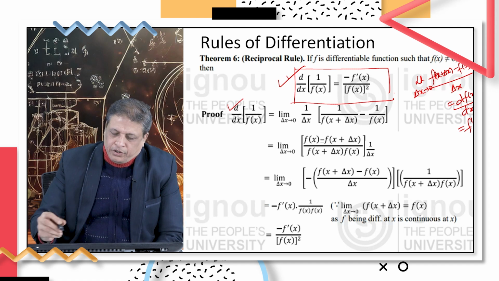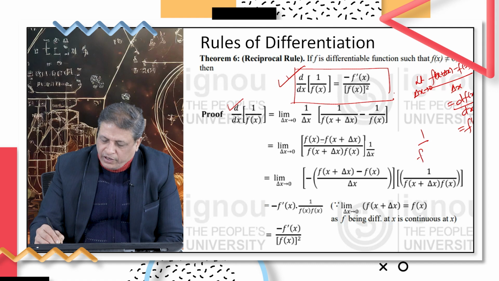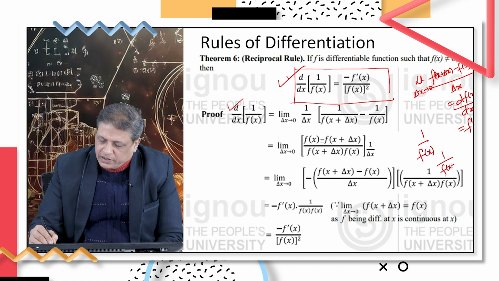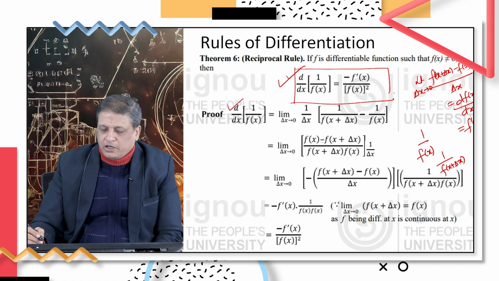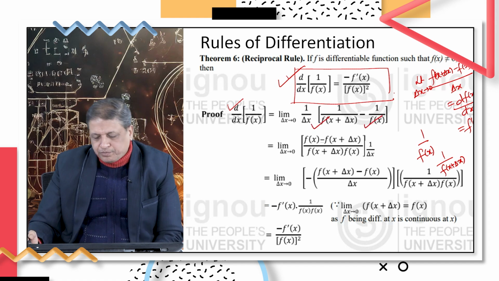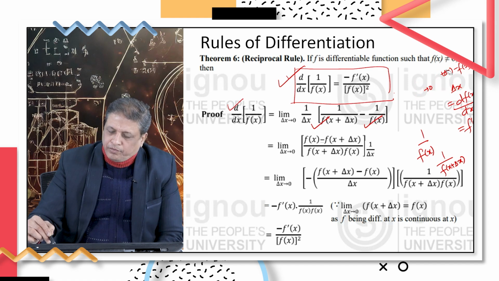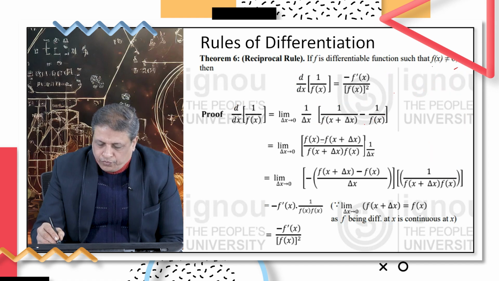Applying this definition to the function given over here, the function is 1 over f(x). So, 1 over f(x plus delta x) will be the x plus delta x term, substituting the values over here into the same expression. Let me solve it for your better understanding. So, we are supposed to find d/dx of 1 over f(x).